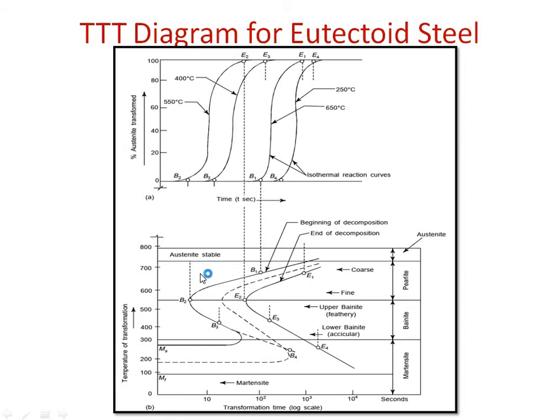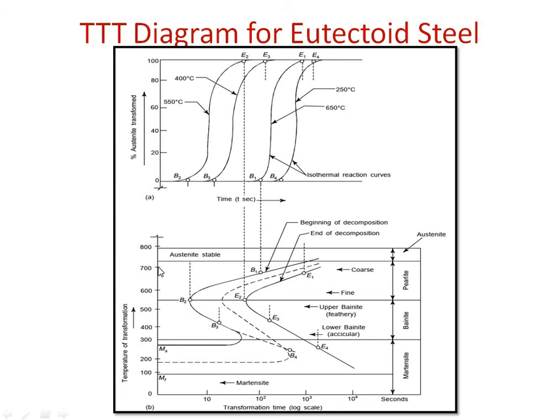So this time required for the start of austenite to pearlite transformation is called the incubation period. The higher the incubation period, the higher will be the stability of the austenite. The point on the extreme left of this diagram is called the nose of the isothermal transformation diagram.